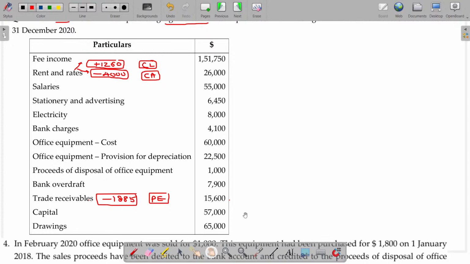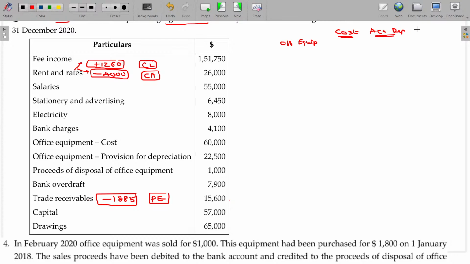Okay, so rate of depreciation being 15%. In February 2020, office equipment was sold for 1,000. Now I will write here office equipment, cost, accumulated depreciation on that.